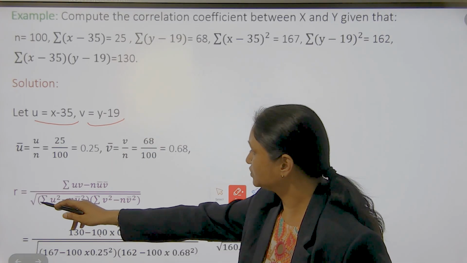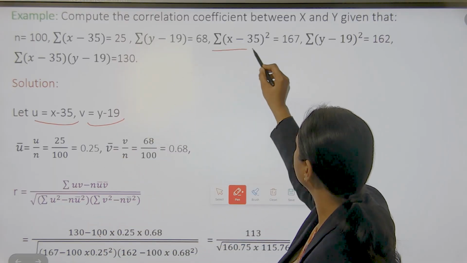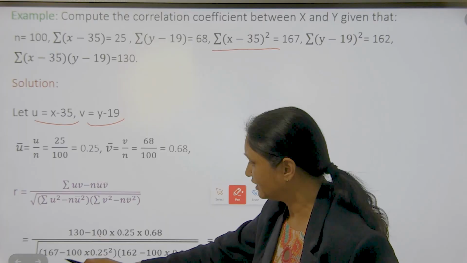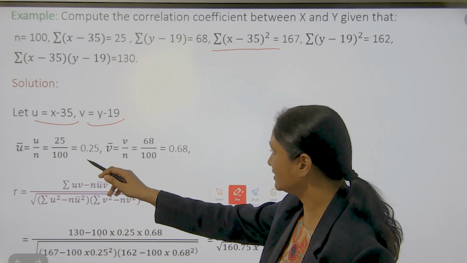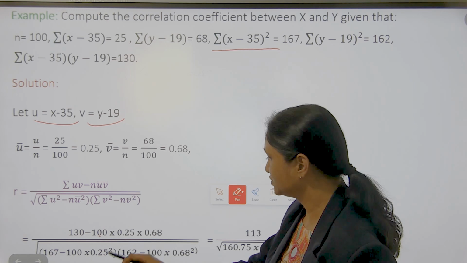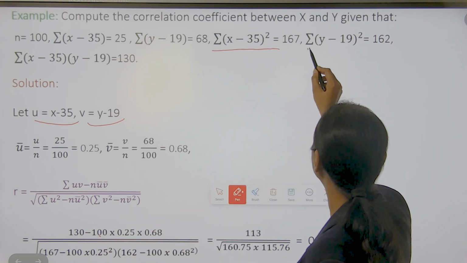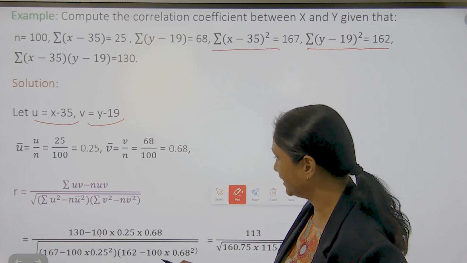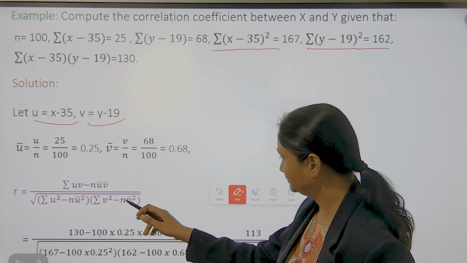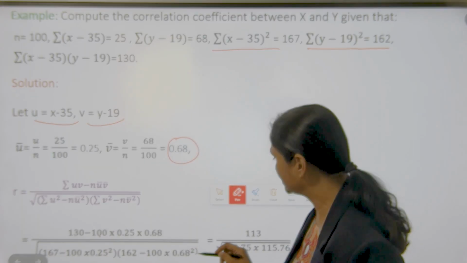and upon square root of summation u square, that means this 167 minus n, which is 100, into u bar square, that means 0.25 square, into summation v square, that means this value 162 minus n, which is 100, into v bar square, where v bar is 0.68 whole square.